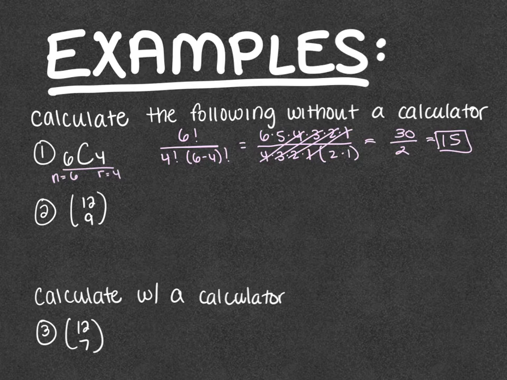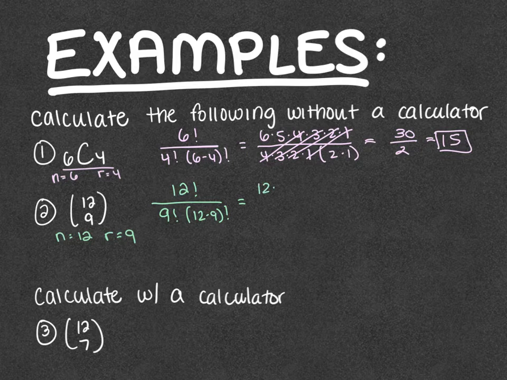Let's look at the next one. Same idea, except n would be 12 and r would be 9. So I would have 12 factorial over 9 factorial times 12 minus 9 factorial. So I don't have to keep writing out these numbers, let's think about this for a second. If I start to expand 12, I have 12 times 11 times 10 times 9, and it's going to go 9, 8, 7, 6, and further.